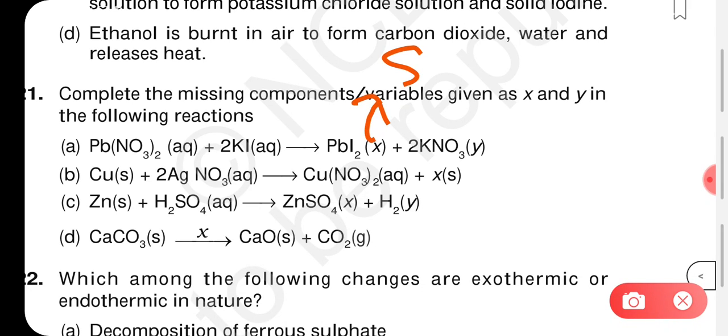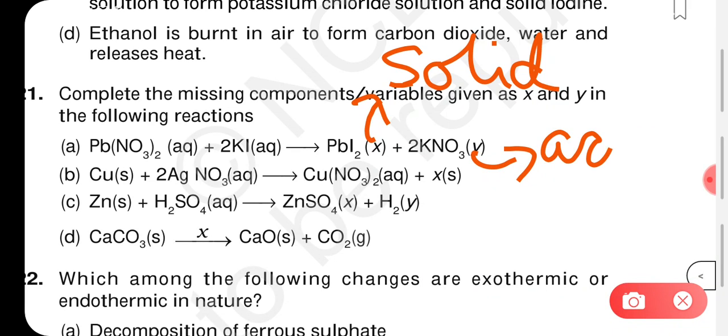It is getting precipitated, a precipitate of lead iodide is formed, so it is solid. Here X is solid, and KNO3, the potassium nitrate, will be in the liquid state, or you can write it as aqueous, AQ. So lead iodide as a precipitate is being formed in the aqueous potassium nitrate.